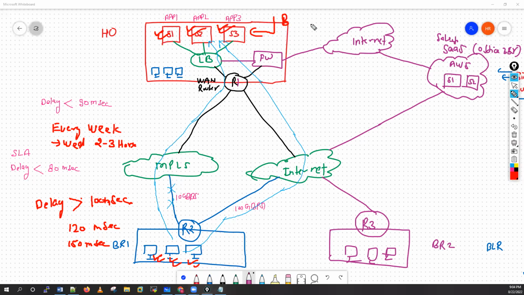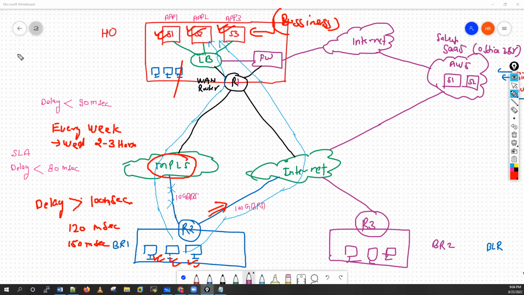Your people are not able to access the application properly, and they are frustrated because they are not getting a better experience accessing these servers. Your traffic will not shift automatically, even though you have a very good internet link, because there is only delay in your MPLS network.